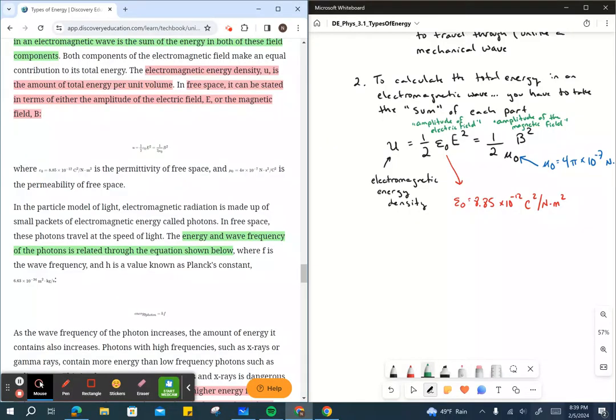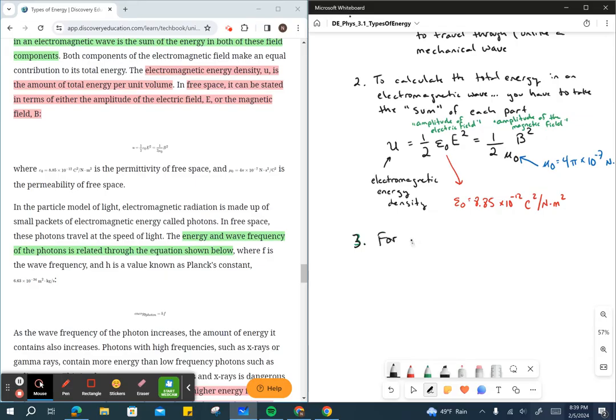Energy and wave frequency of the photons is related through the equation shown below. Now they're talking about the particle model of light, where electromagnetic radiation is made up of small packets called photons. In free space, these photons travel at the speed of light, and the energy and wave frequency of the photons are related through the equations shown below. Number 3. Boy, this is a really packed chapter. Explore.